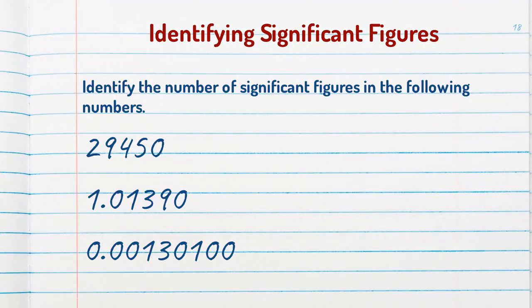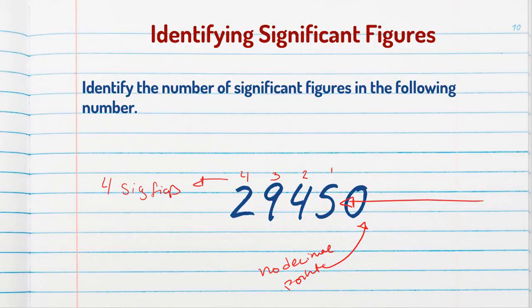All right. So I want you to take a second and identify the number of significant figures in these numbers. All right, so to identify, let's go through the first one.